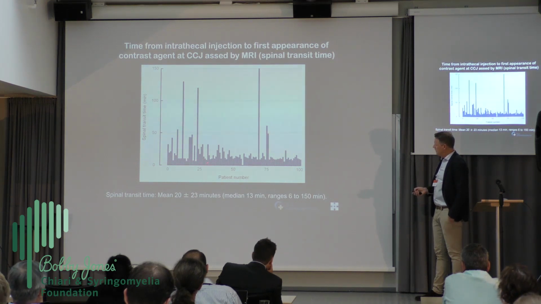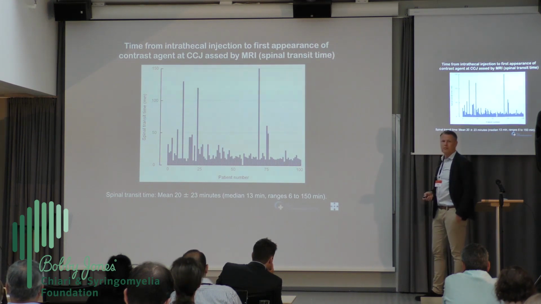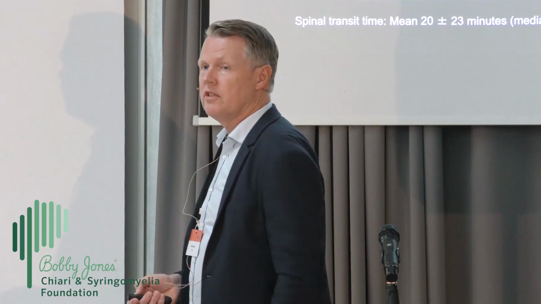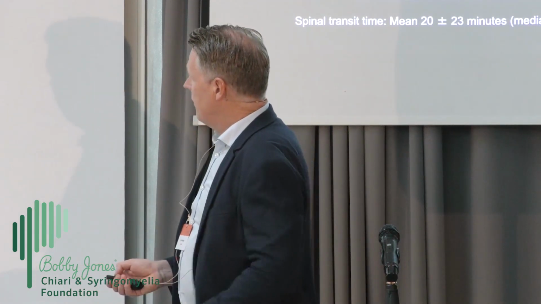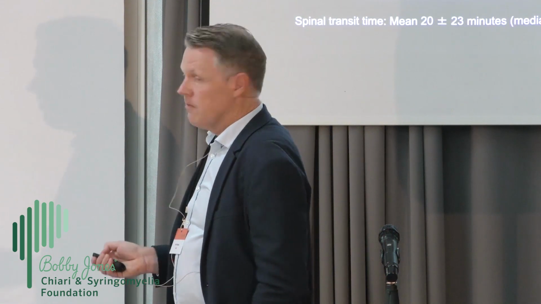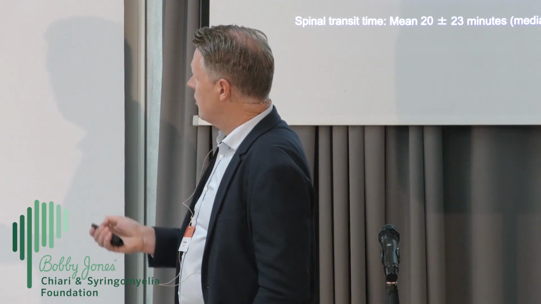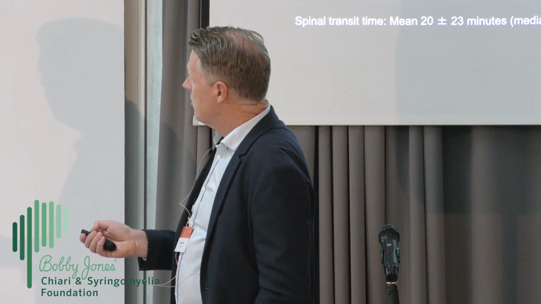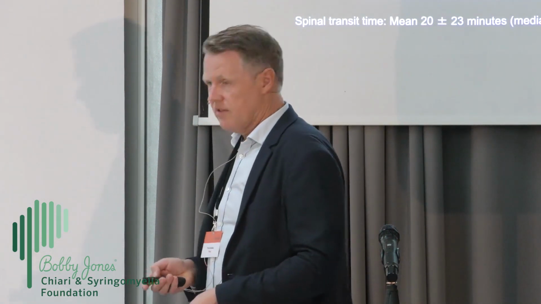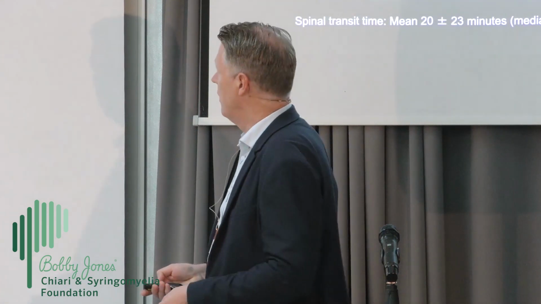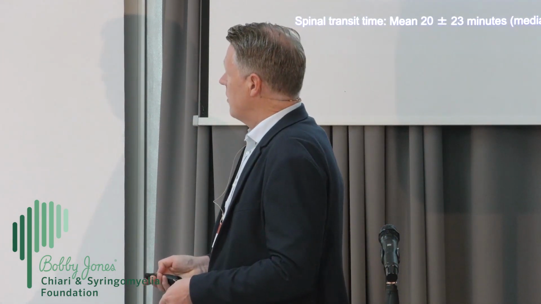At the group level, and these are different kinds of patients, it's a mean time of 20 minutes before these tracers have moved from the lumbar region to the CCJ. And there is also some variation. We see that in some individuals, it takes longer time before this tracer is coming to the cranial compartment.